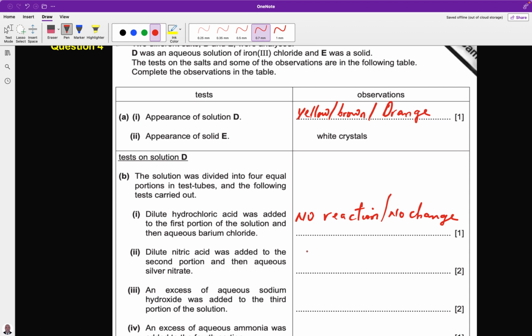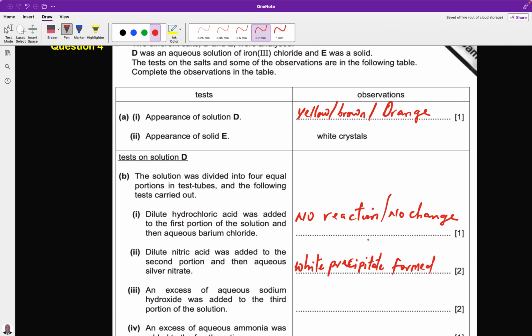The silver ion and the chloride ion react, forming silver chloride, which is a white precipitate. White precipitate formed.